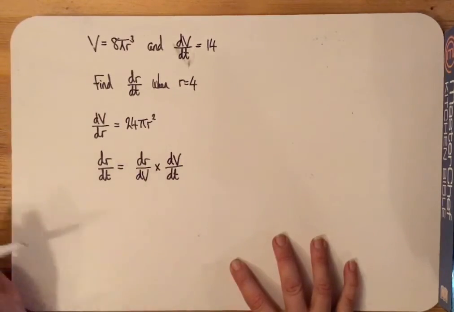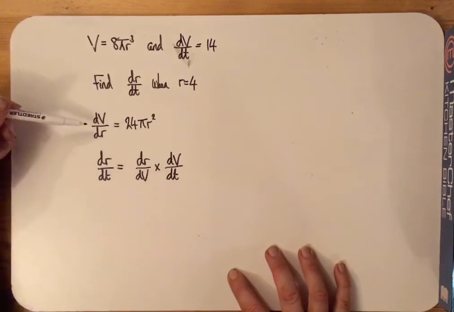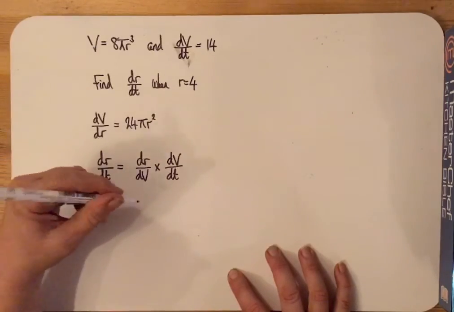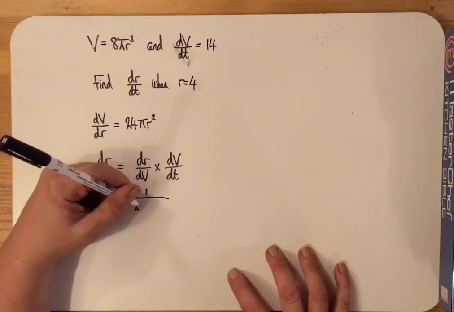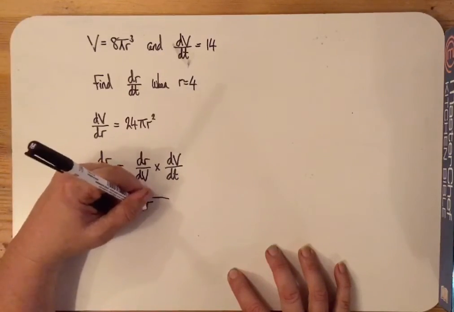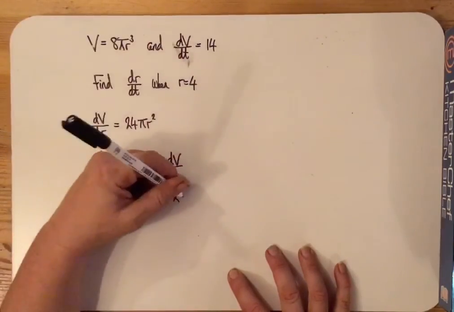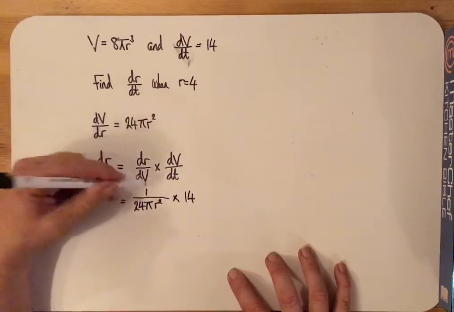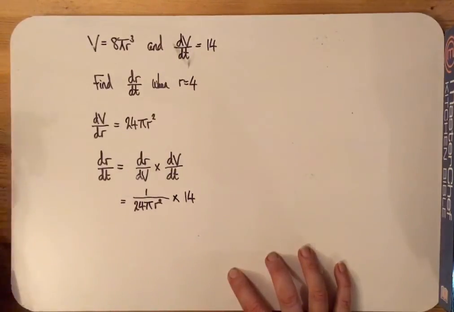So the two sides are equal. dr/dV is 1 over dV/dr. So this is 1 over, we didn't have to do this on the last example, 24 pi r squared times dV/dt, which is 14. So you can also use the special case of chain rule and do 1 over dV/dr is dr/dV.